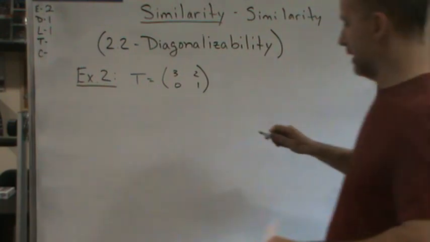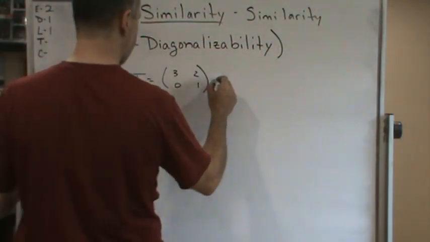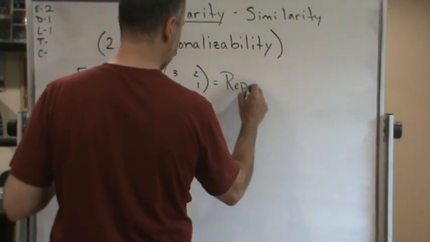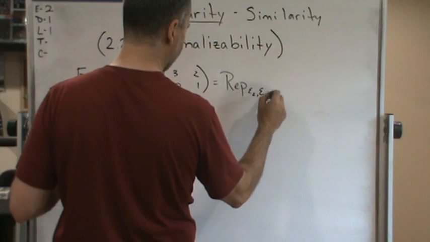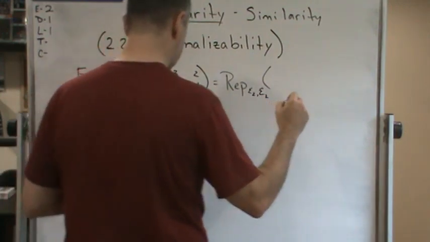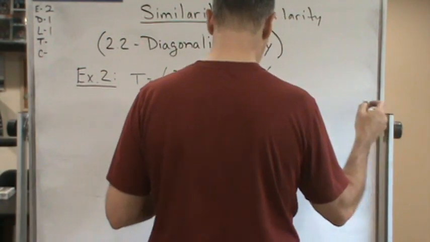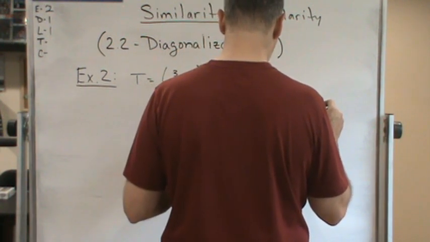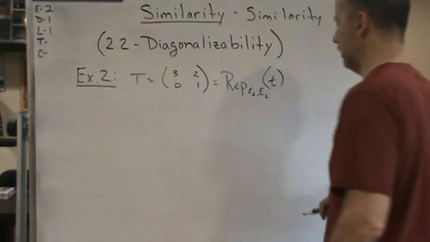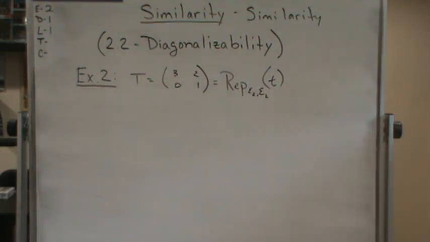So we're going to take this, with respect to the standard basis, which is going to be epsilon 2, of T. Okay. So we start with the fact that, again, it represents a transformation with respect to these bases.